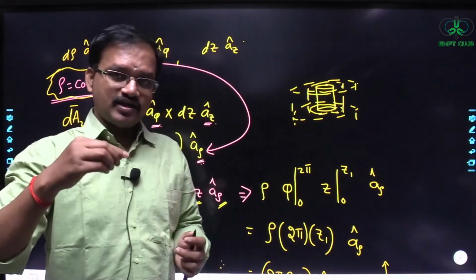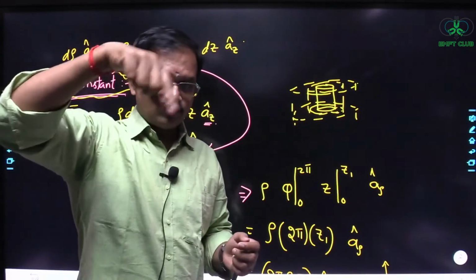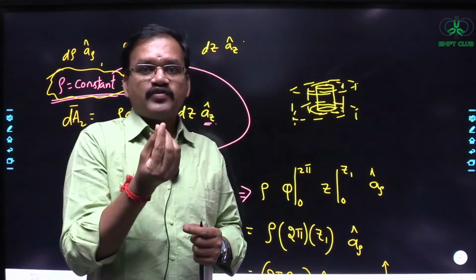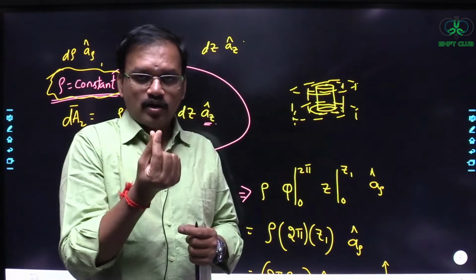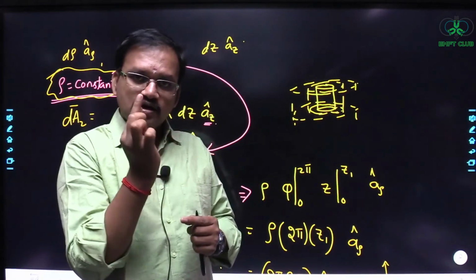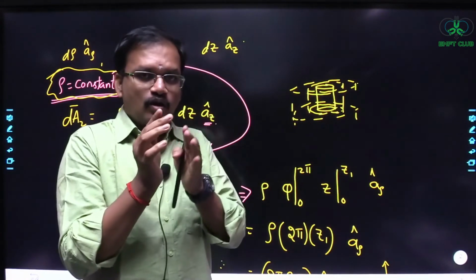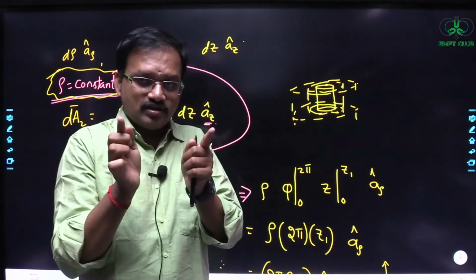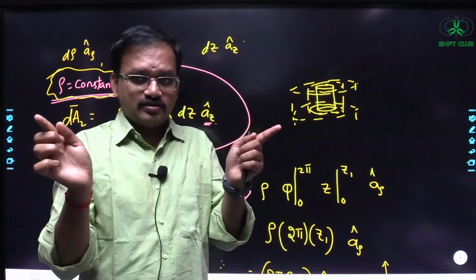See, it is just like placing concentric cylinders one after the other. First take rho as very small, and you are going to get a small curved surface of the cylinder. Now you have to extend that in its perpendicular direction, that is the a_rho cap direction. Understood?